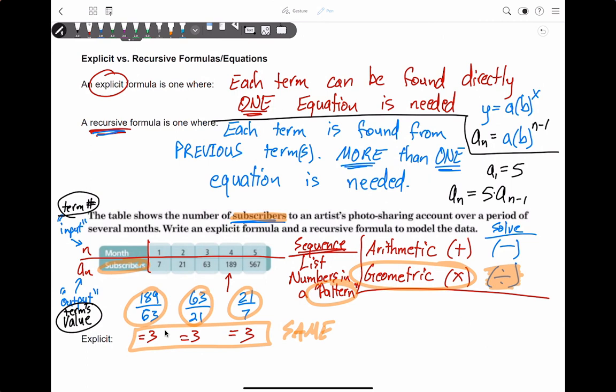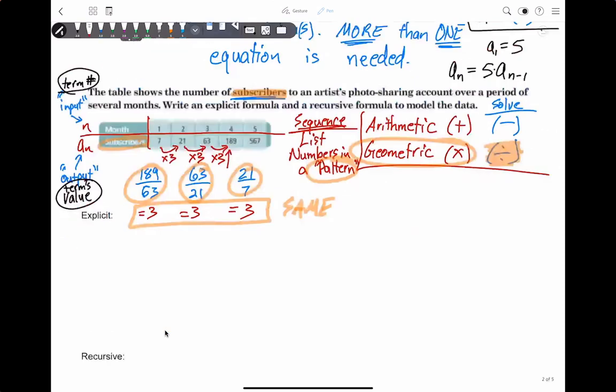That means to get from 7 to 21, you multiplied by 3. To get from 21 to 63, you multiplied by 3, and so on and so forth. You're going to multiply by 3 each jump in order to get the next term, okay? So that's what patterns are talking about.